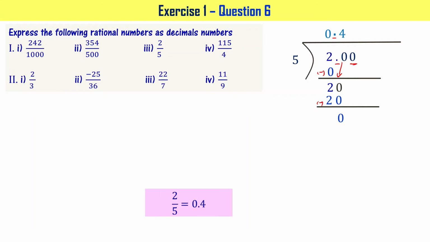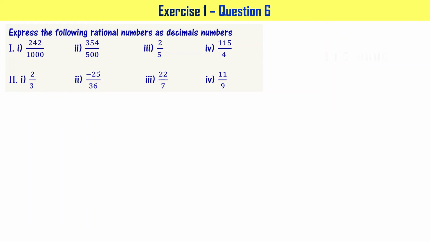Got it? Now let's go to the fourth part of the problem, that is 115 divided by 4. 115.000 I can write, and then 4 as shown here. I can start with the number 1 and say it is smaller than 4. That's why I can go for 0 times 4. Otherwise, I can consider 2 digits, 11, right?